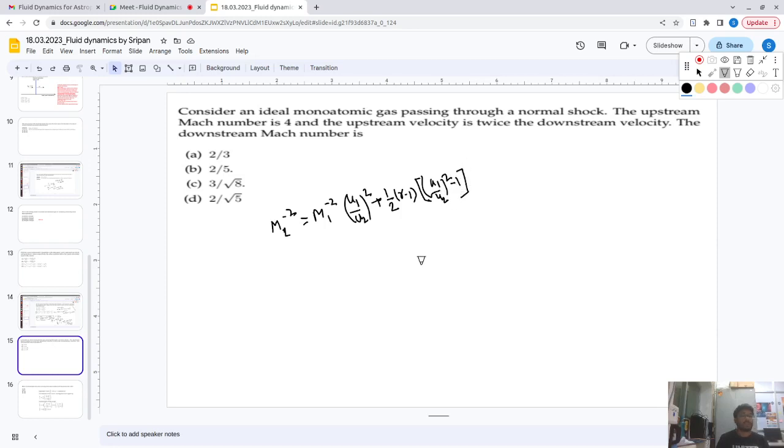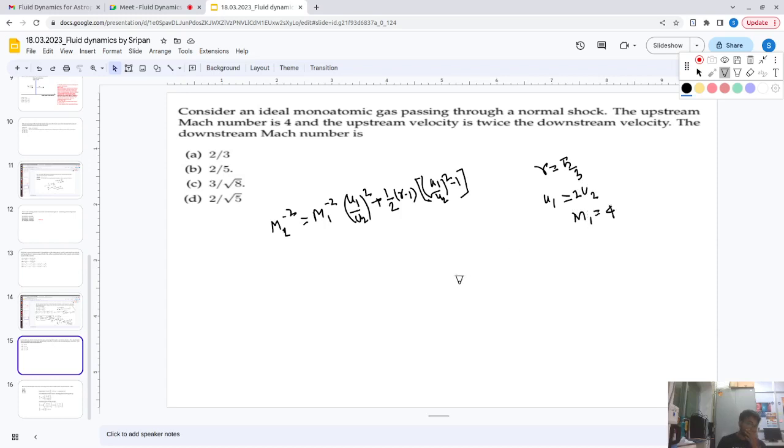Now we need to put gamma equals 5 by 3 here, and your upstream Mach number is 4 and the upstream velocity is twice the downstream velocity. So what it means is u1 is equal to 2 u2 and m1 is 4 here.